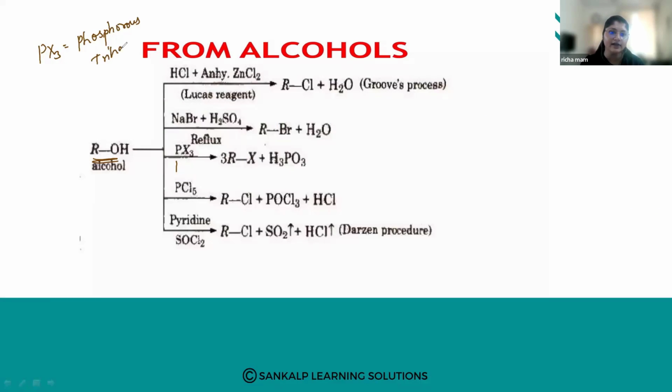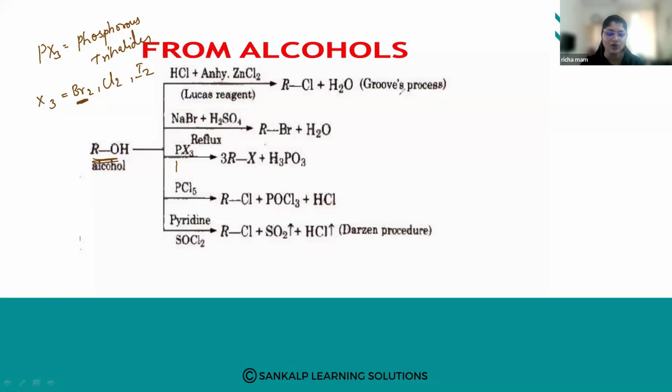Your halogen X3 can be bromine, or you can use chlorine like this, or you can take iodine also, but I'll take bromine.